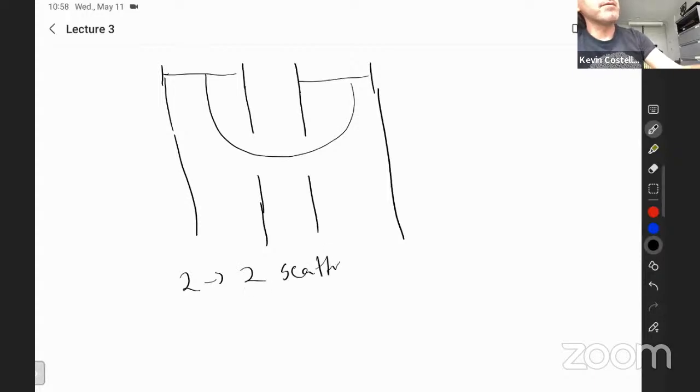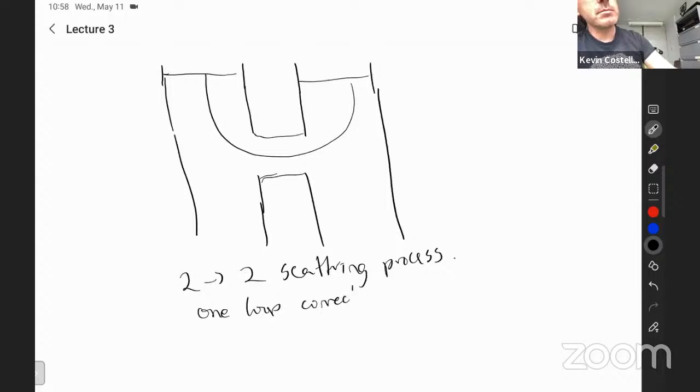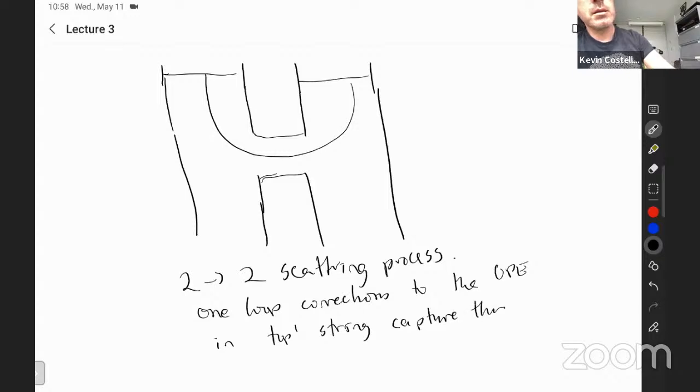I haven't drawn it very well. So that's the way to draw it. And one can compute. So there are one loop corrections to the OPE in the topological string, and these capture it. So it is possible to see it, but it's a little tricky.